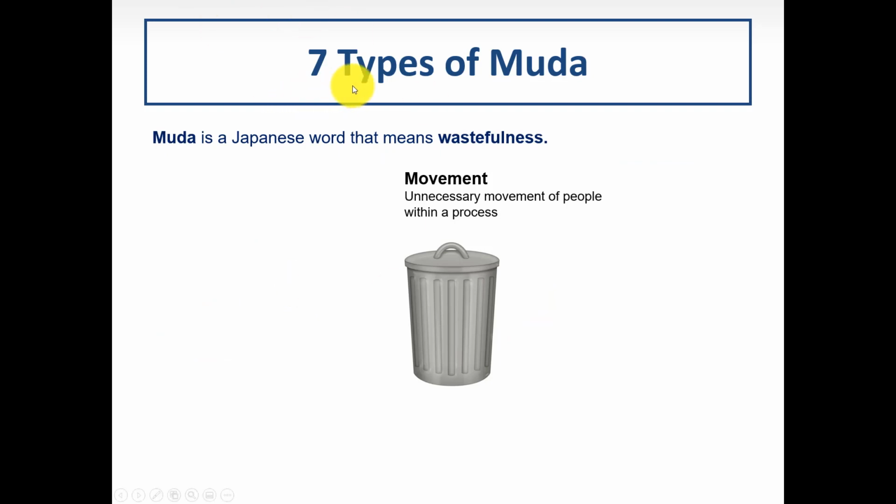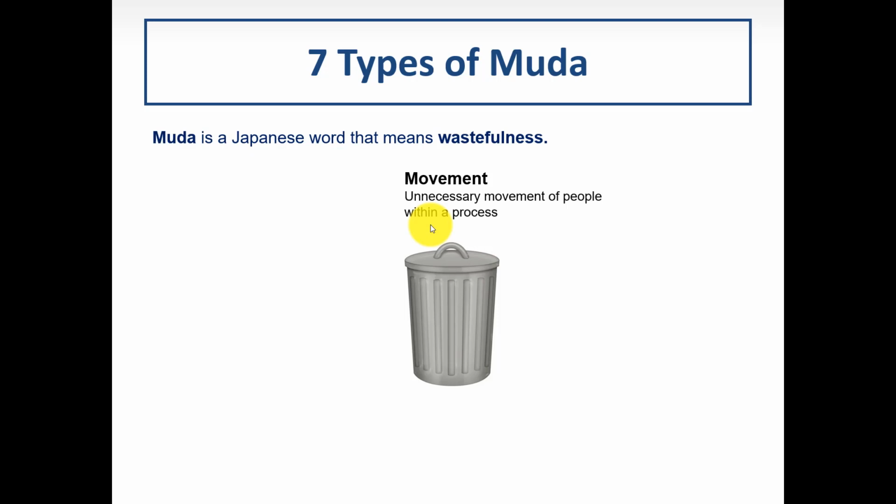It turns out that with regards to waste, we actually have 7 types. We can categorize waste in 7 different forms. Let's just call them the 7 types of muda. The very first waste that I'm presenting to you is movement. Motion, unnecessary movement of people within a process.